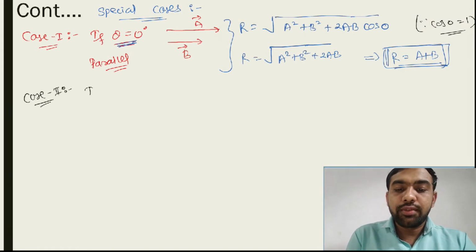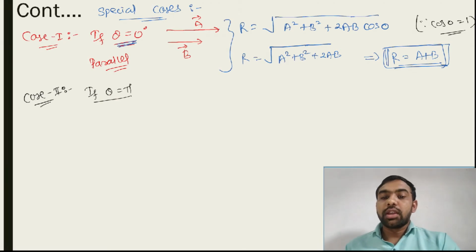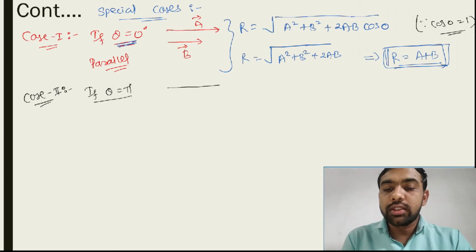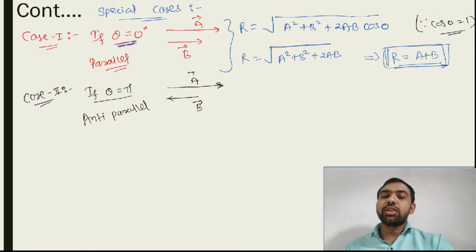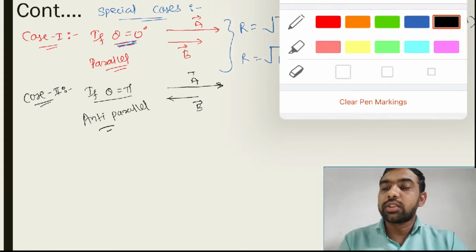Case 2, if theta is equal to pi. If theta is pi, then what? This is a and this is b, meaning anti-parallel. So what happens in this situation?